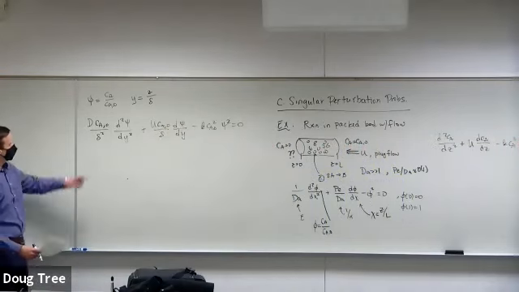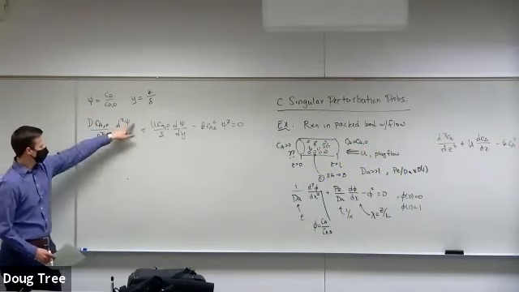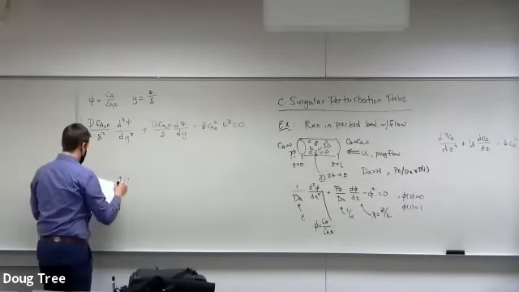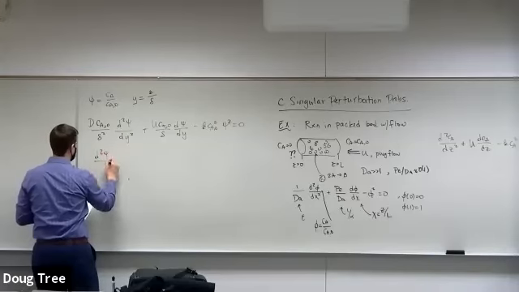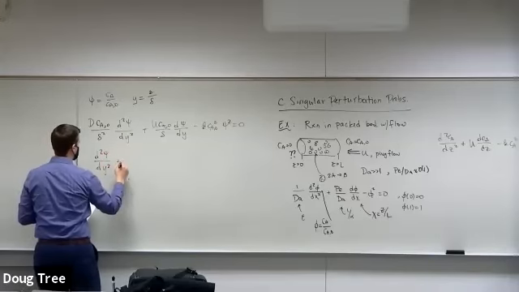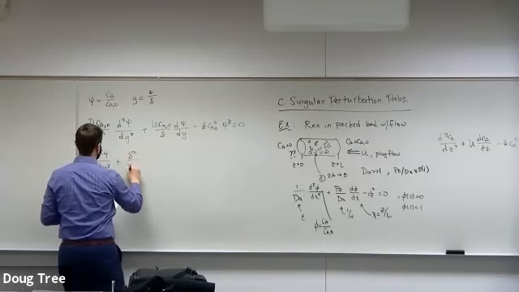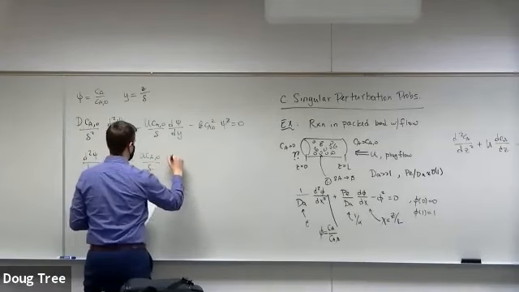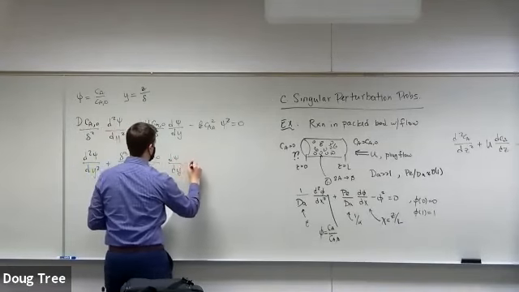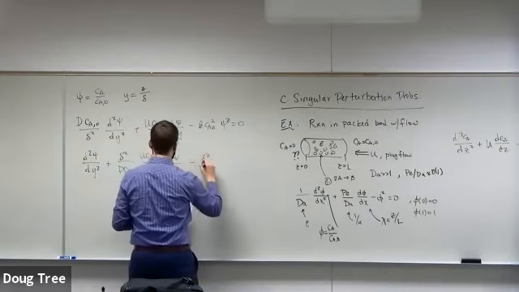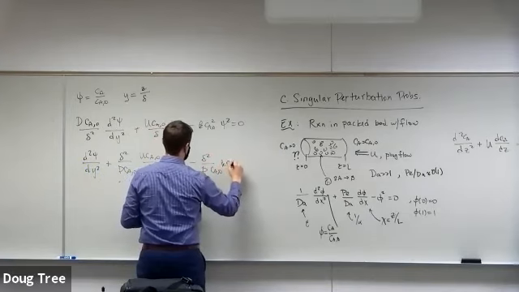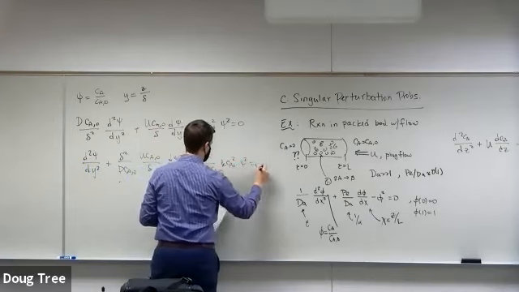Okay, so I plug these definitions in, and I get these quantities out. I divide by this term into here and here. So doing that quickly, I'm going to get d squared psi dy squared, plus delta squared over D CA naught, U CA naught over delta, d psi dy, minus another one here, delta squared over D CA naught, k CA naught squared psi squared.